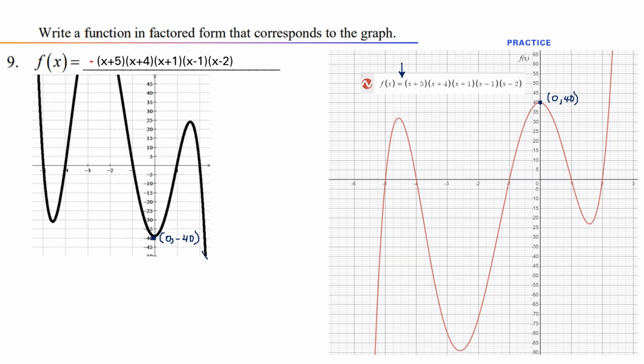And also, right here, the right end is down, so a is negative. On the other side, if we don't have the negative, a equals 1 is positive, so the right end goes up. So be careful to check the leading coefficient a every time we're working on a problem. And in this case, a is negative 1.